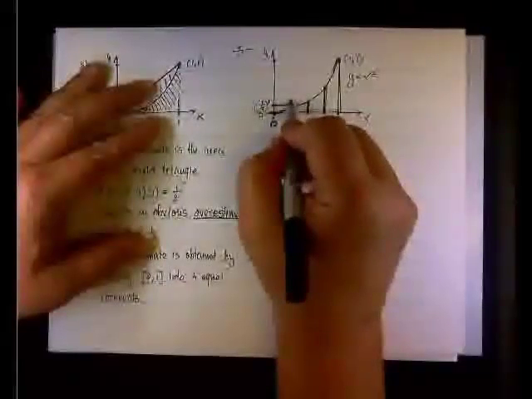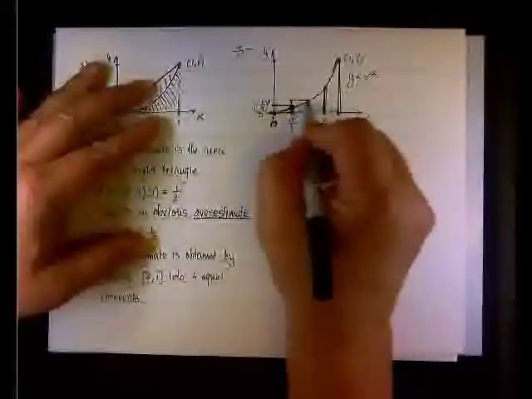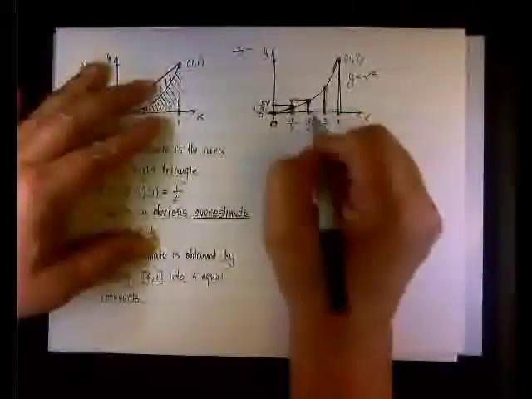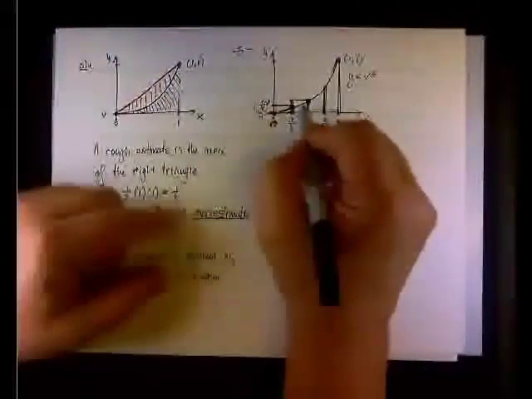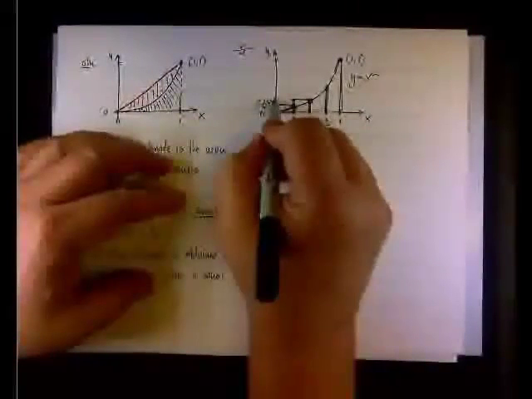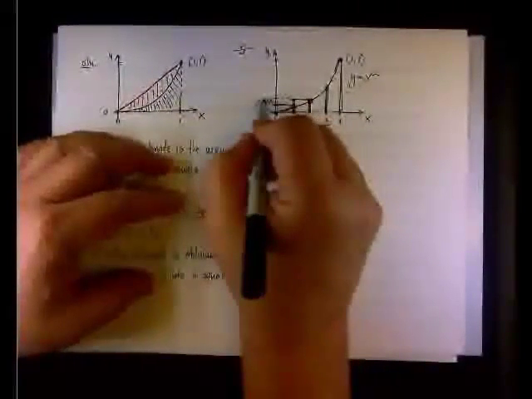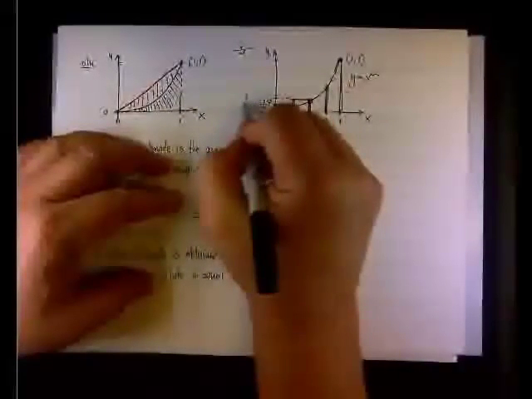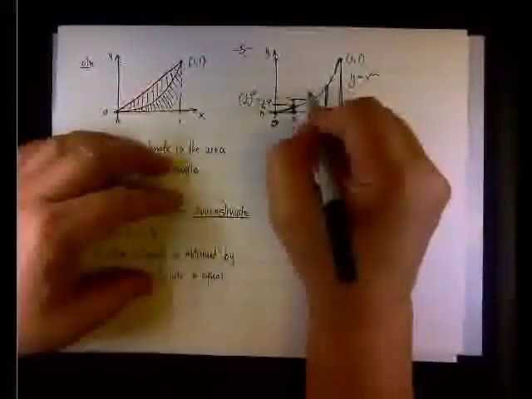And then the next block will be built on the right endpoint value of the interval, and this is at 1/2, so the right endpoint value will be 1/2 squared.